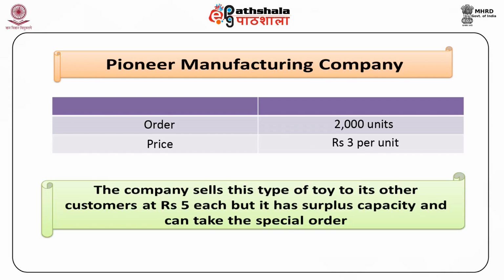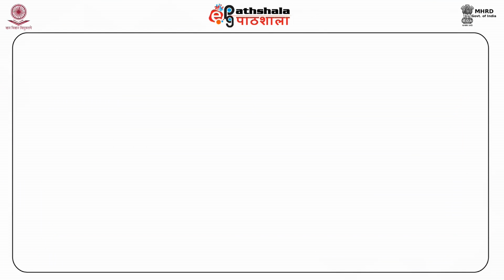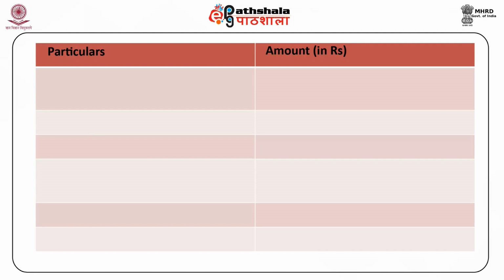The company sells this type of toy to its other customers at Rs 5 each, but it has surplus capacity and can take the special order without adversely affecting its regular operations for the coming month. The income statement of the company for the preceding month is as shown here.